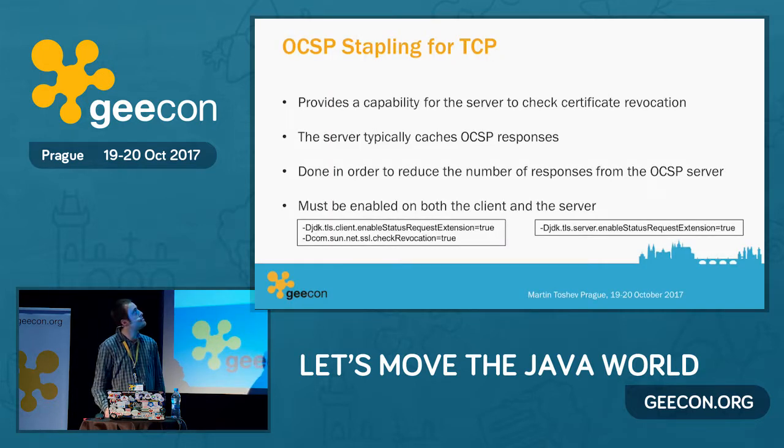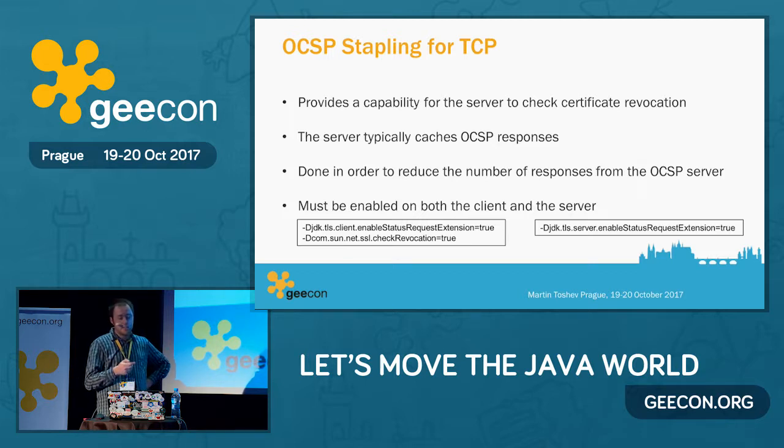One of them is OCSP stapling for TCP. As I mentioned, OCSP is a protocol that allows us to do certificate revocation checking. When the client receives the public certificate from the server, it is responsible for checking whether that certificate is valid or not.